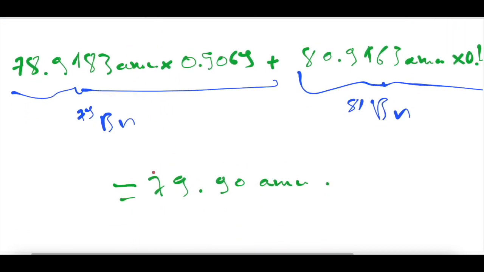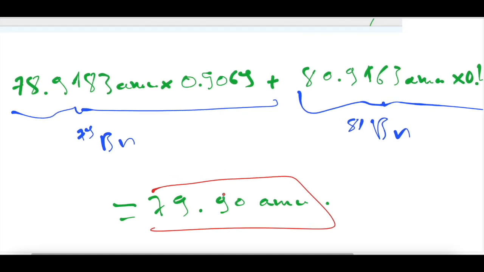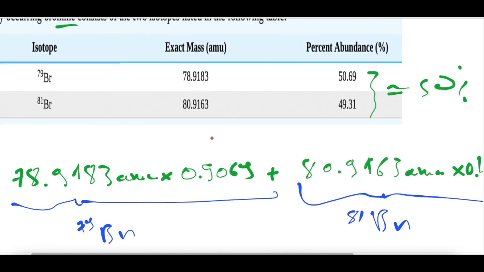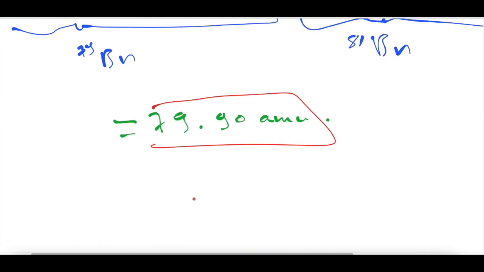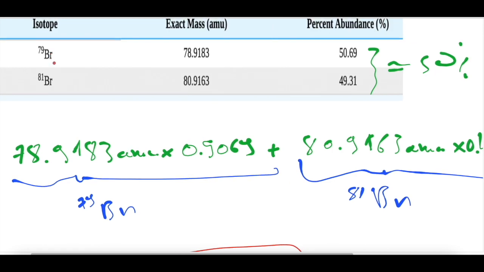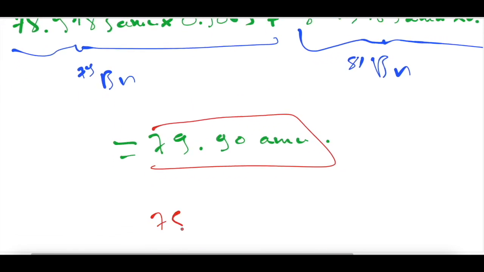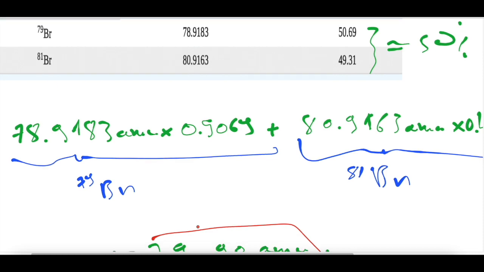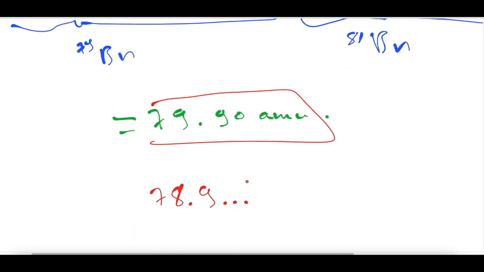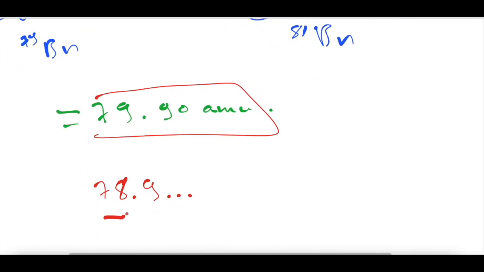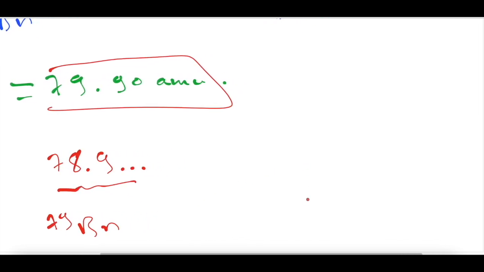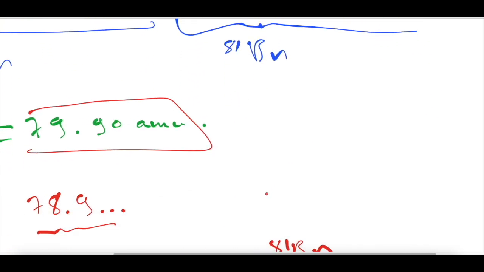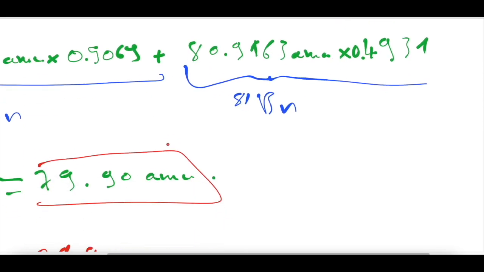We can see here that 79.90 is halfway between the two exact masses. Indeed, the first isotope, bromine 79, has a mass of 78.9 atomic mass unit, and the second isotope, which is bromine 81, has an atomic mass unit of 80.9.